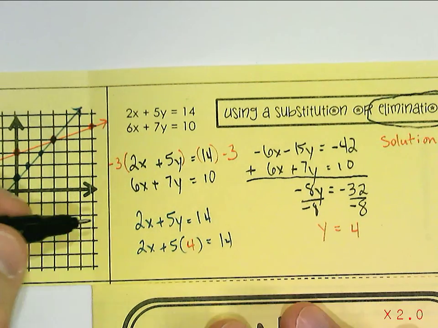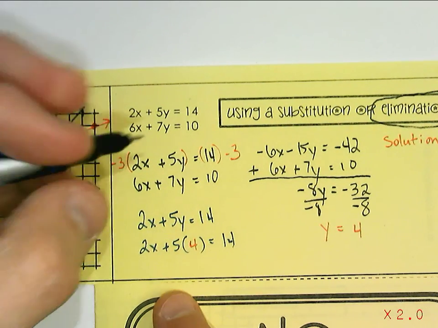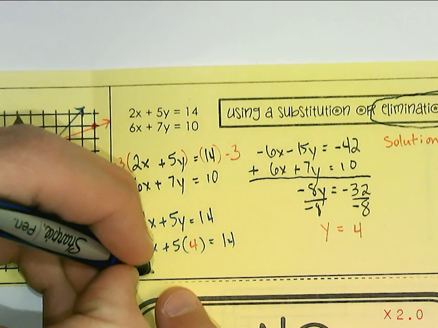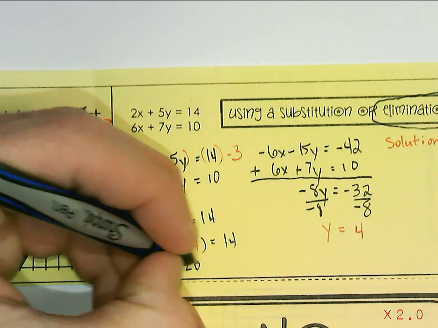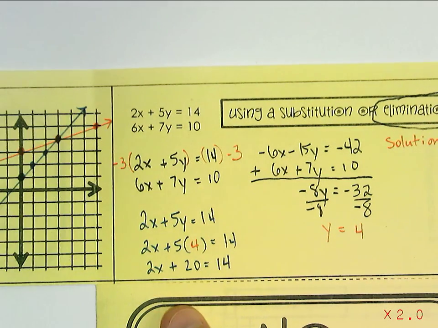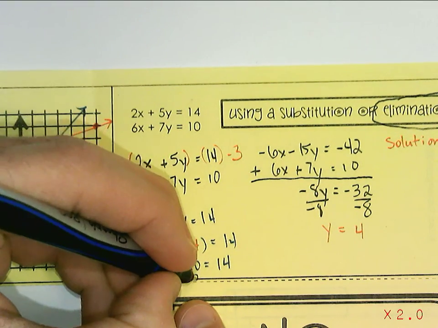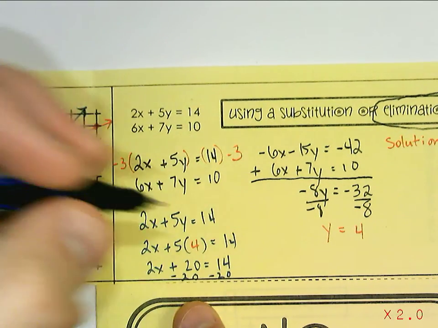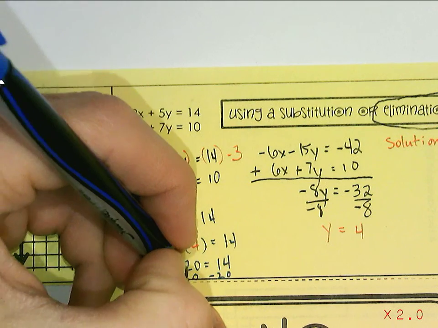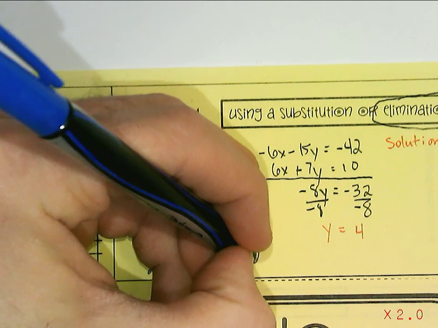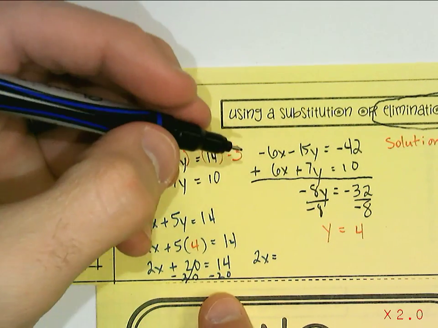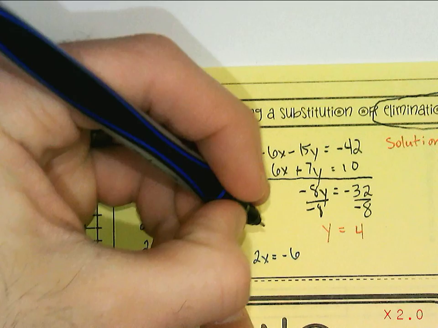So let's do our multiplication here and then solve. So 2x plus 20 equals 14. I would want to subtract 20 from both sides, so I'm going to try and make that fit here. And once I do that, these 20s will cancel, so I'd have 2x equals 14 minus 20, which is negative 6.